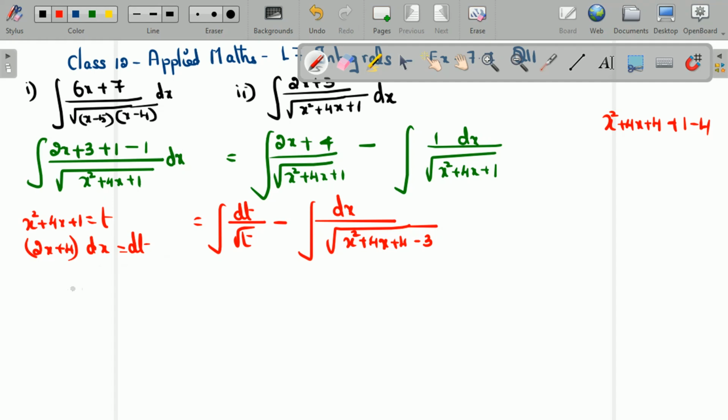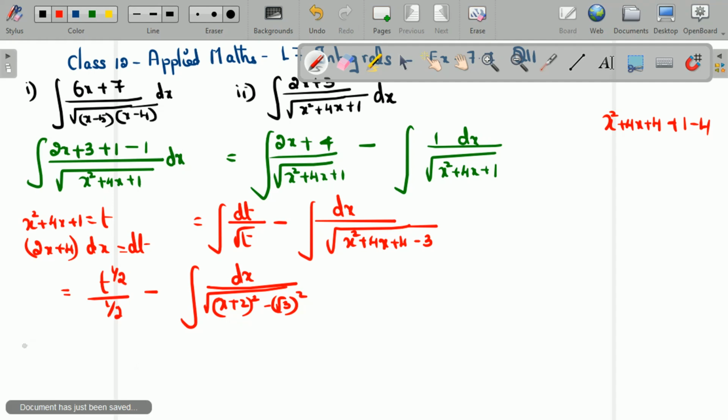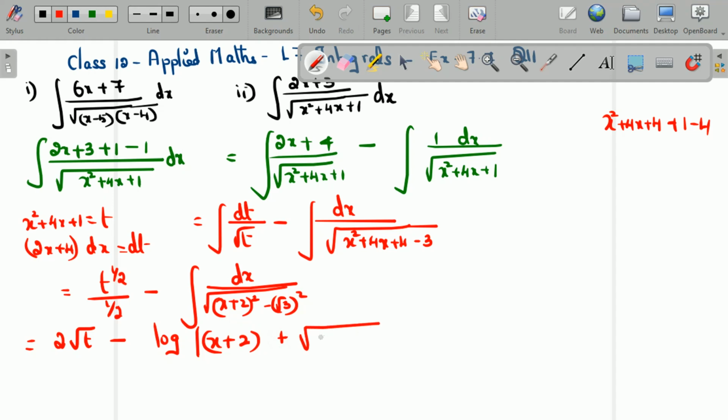So now let's integrate. So this is going to be t to the power half by half, minus integral, this is of the form dx divided by root of (x plus 2) the whole squared minus (root 3) the whole squared. Now we can apply the formula directly. So in the first term, this is going to become 2 into root t, minus, this is x square minus a square, so the formula is going to be log of x plus root of, so x is x plus 2, plus root of this particular expression.